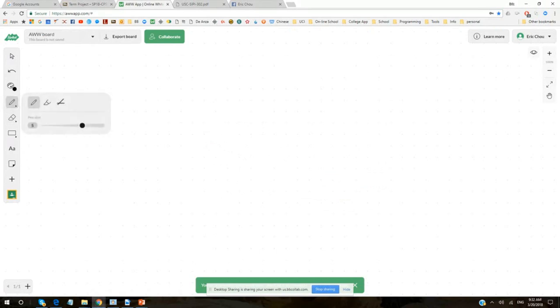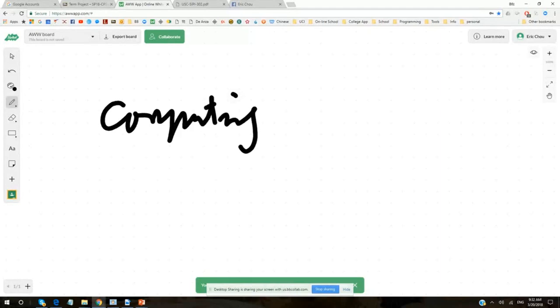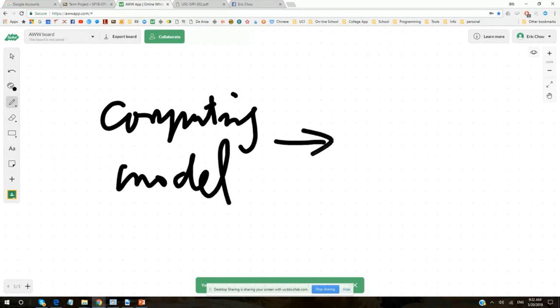We need to first have a computing model, some model we want to do computing with. Based on this computing model, we generate some programming paradigm.